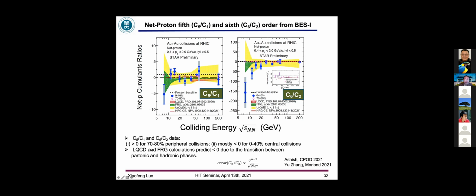Actually, lattice QCD and FRG calculations in this plot predict a negative value due to the transition between partonic and hadronic phases. However, the statistical uncertainty from the experimental measurement is still large. We hope that in BES-2 we can shrink the uncertainty and have a stronger conclusion.